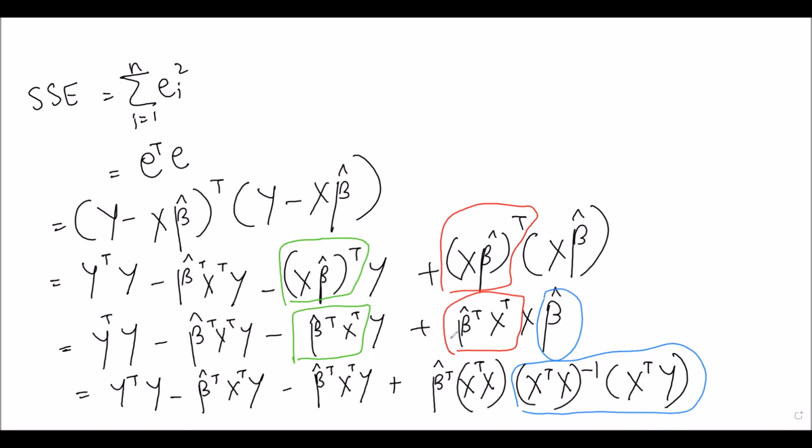So this one actually cancels out. So we are left with beta hat transpose X transpose Y, right? So it is the same with this, right? Beta hat transpose X transpose Y. So let me write it on the next page.